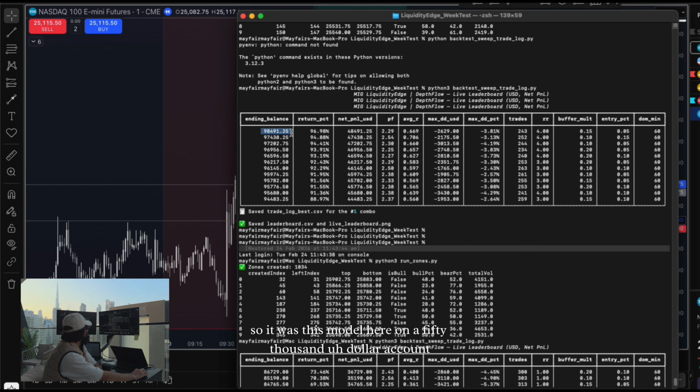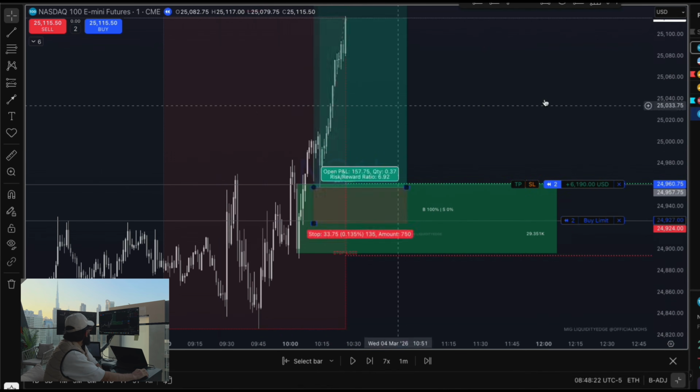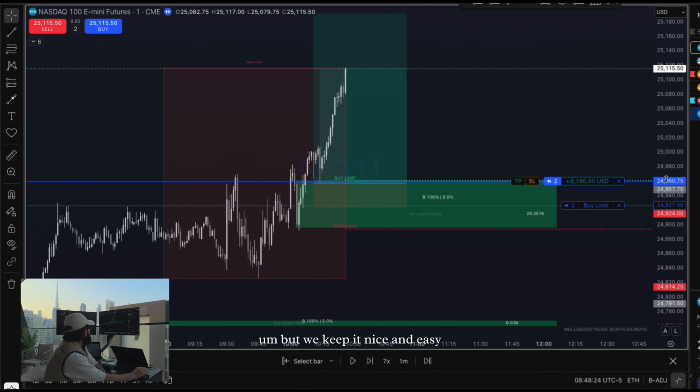On a $50,000 account, 96% return. What we found is 1 to 4 was the best. We had a 15% buffer into the area for entry, 5% buffer into the area, and 15% buffer for the stop loss at the base. But we keep it nice and easy.